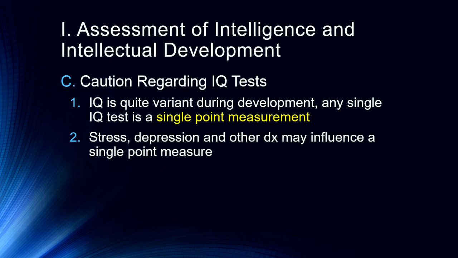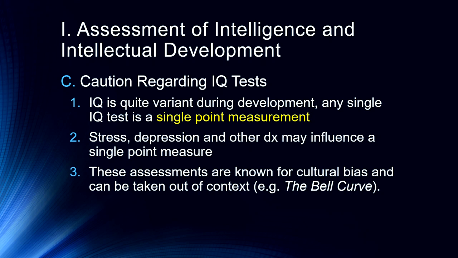Any of those kinds of things might influence their score. And so we have to think of this as a point measure, and if it's off from where we think it ought to be, we probably ought to measure it again. These measurements are also known for their cultural bias and can certainly be taken out of context. There's a classic, very poorly argued book called The Bell Curve, in which the authors essentially try to argue that intelligence and race are inherently connected.